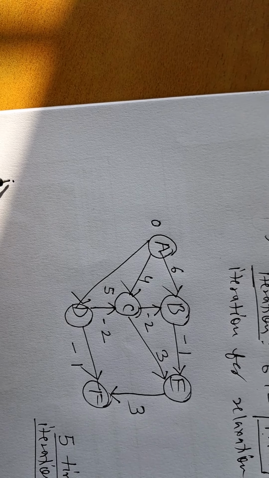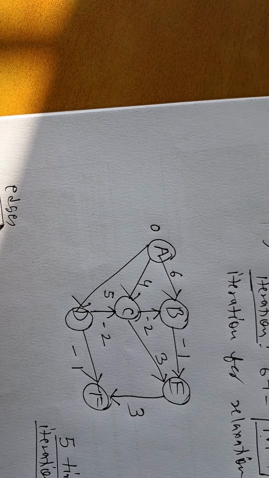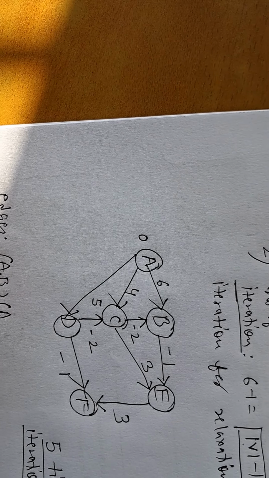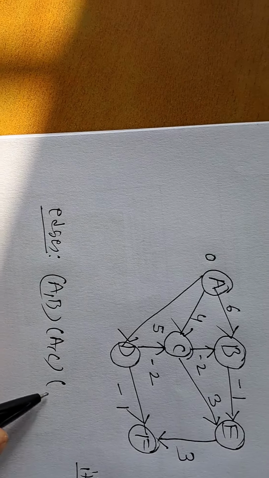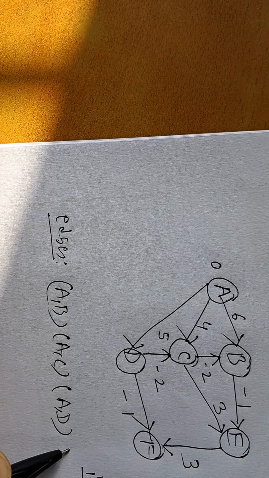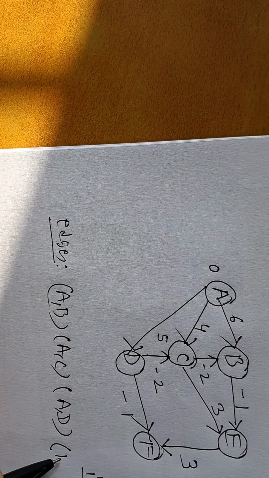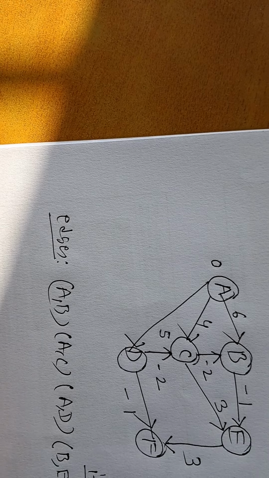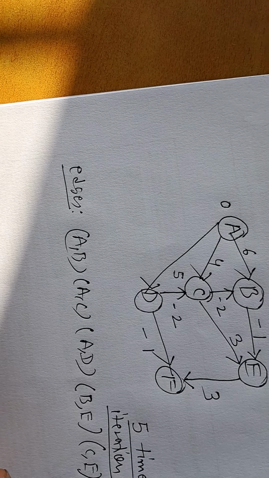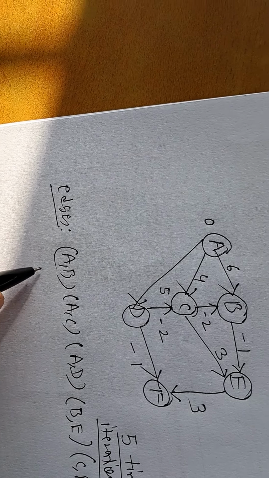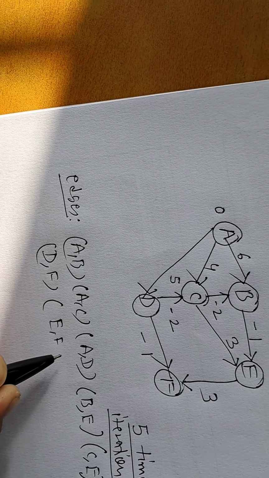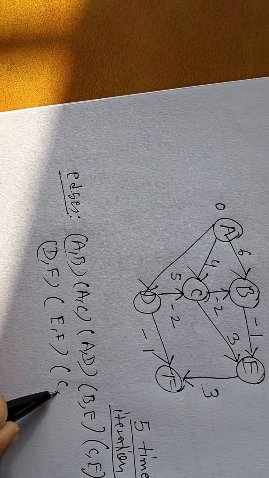So first of all, you mention about edges in our graph. So let's say edges are written like AB one edge, AC is another edge, AD is another edge, and another edge is let's say BE is one more edge, and then we have CE is another edge, then we have DC as another edge, we have DF as another edge, we have EF as another edge, and at last we have let's say CB.